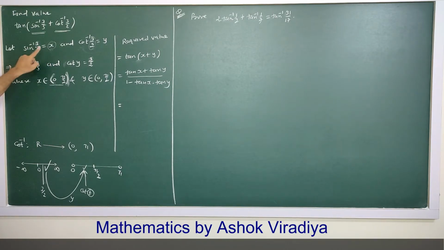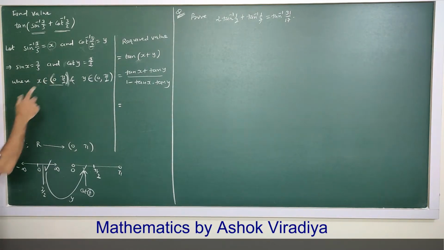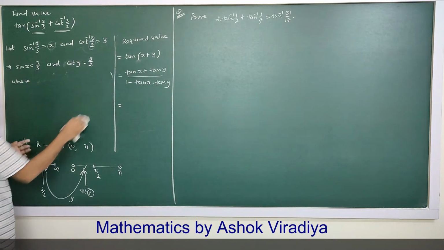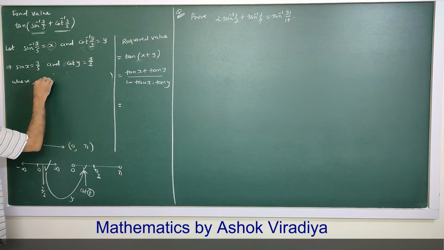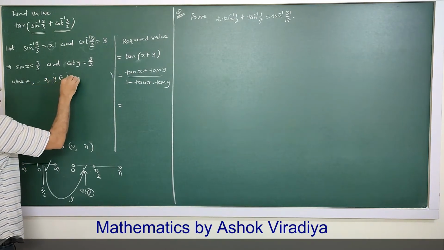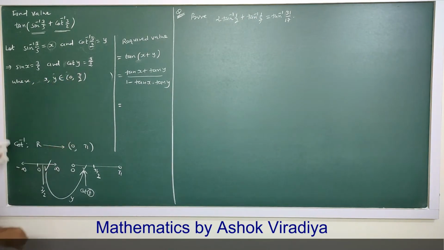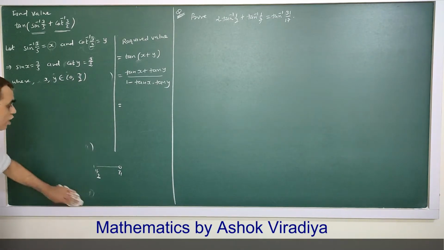Sine inverse 0 is 0, but 0 is not given, so I have excluded 0 and π by 2. So x and y both are in 0 to π by 2.